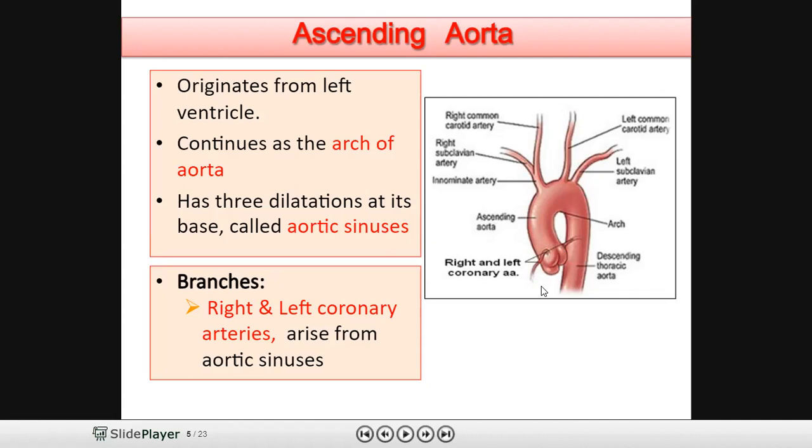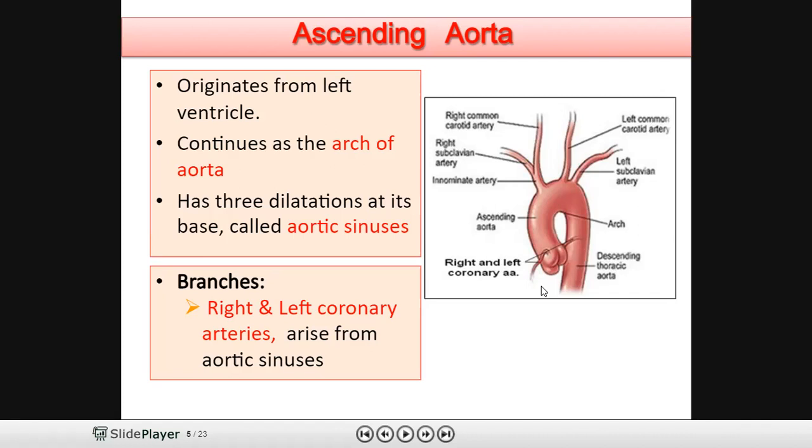Now, what are the branches of this ascending aorta? So the ascending aorta has only 2 branches, and these branches are coming from the aortic sinuses. So what are the 2 branches? They are the right and the left coronary arteries.